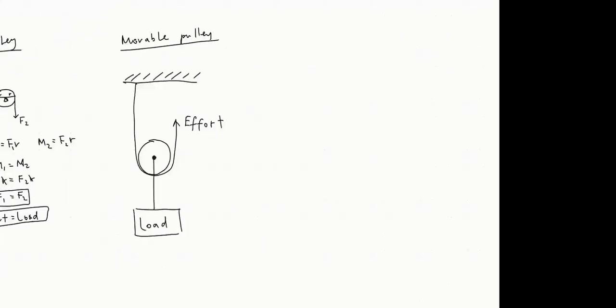Let's look closely at what's happening here. This point we can say is fixed, because that is the pivot. This distance is the radius, so that's R, and that's R. The effort is applied here, and here we have the force of the load.